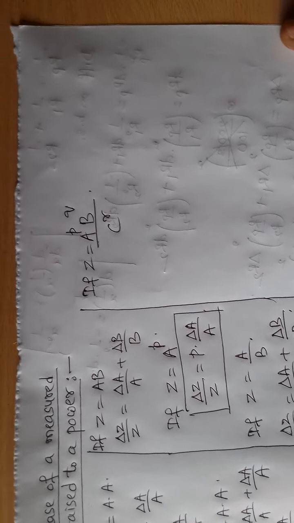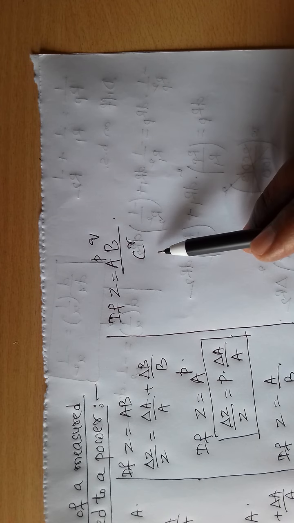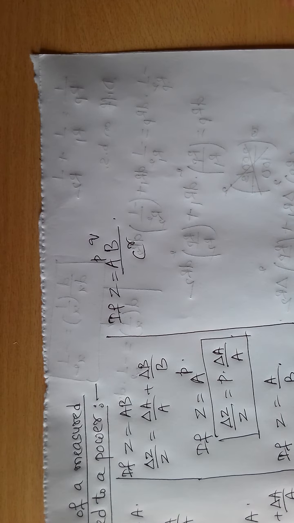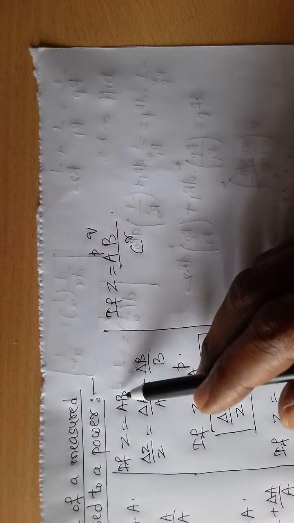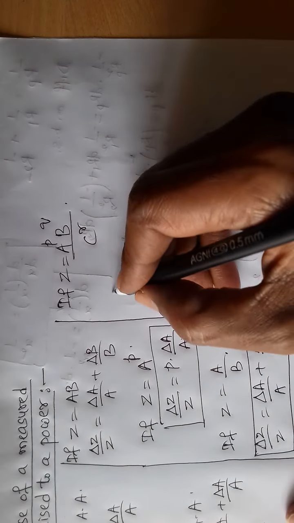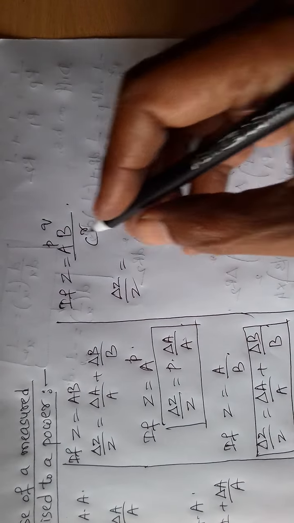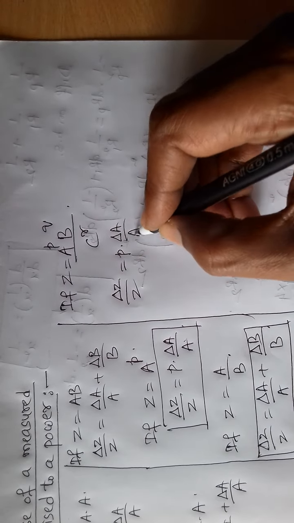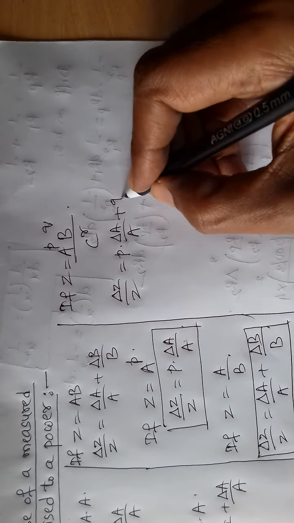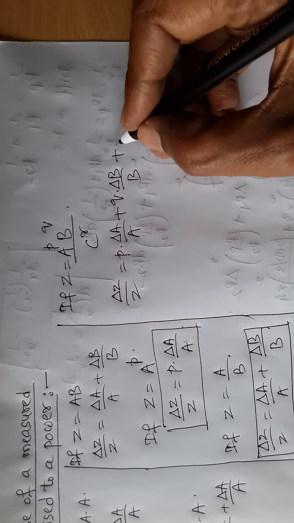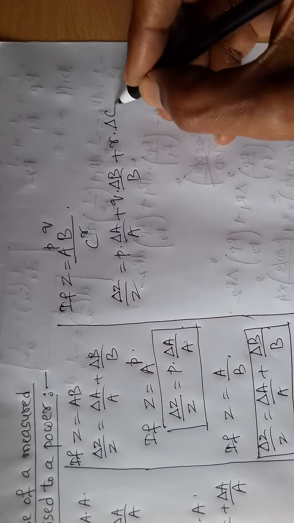Therefore, if the given physical quantity is in this form, see, in the numerator you have a product, and as a whole in the form of a quotient, since for both product and quotient we have the common formula, you can write here delta z by z is equal to, power becomes the multiplier, and for a it is written as delta a by a, plus q, power becomes the multiplier, delta b by b, plus here the power becomes the multiplier, and for c, delta c by c.